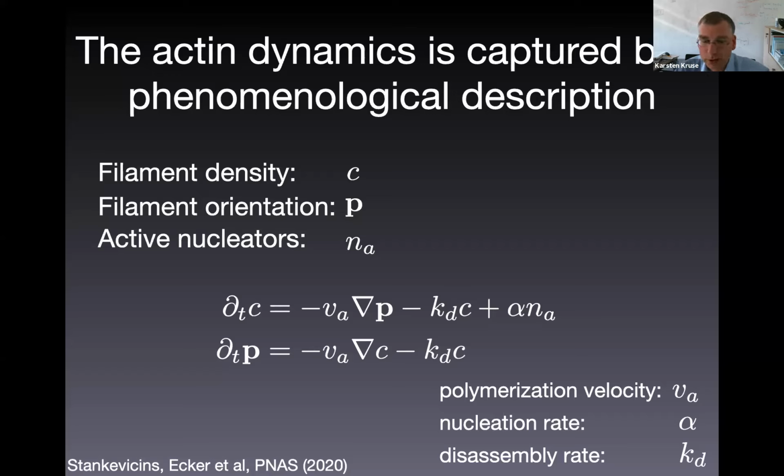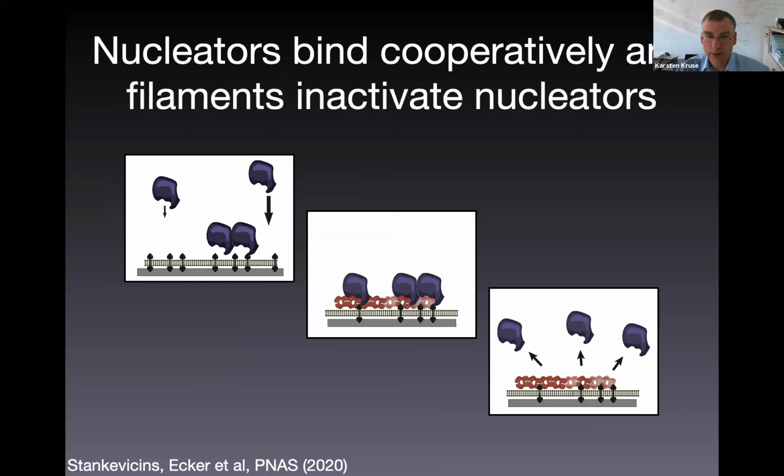Now, obviously, these equations would be quite boring if there was not something interesting going on with the active nucleators. And here I show you what is happening. So these nucleators are proteins that are typically inactive when they are not bound to a substrate. However, once they bind to the plasma membrane, they get activated, and then they can generate new actin filaments, as shown here in the middle.